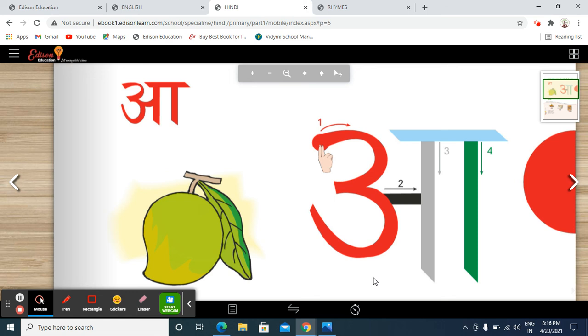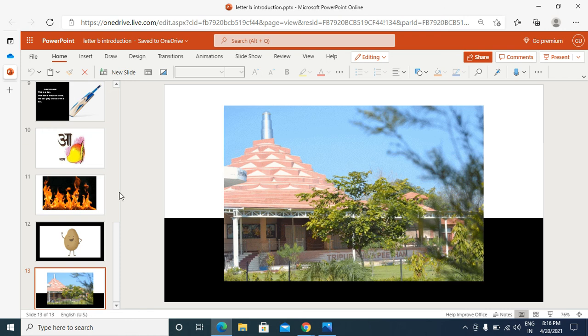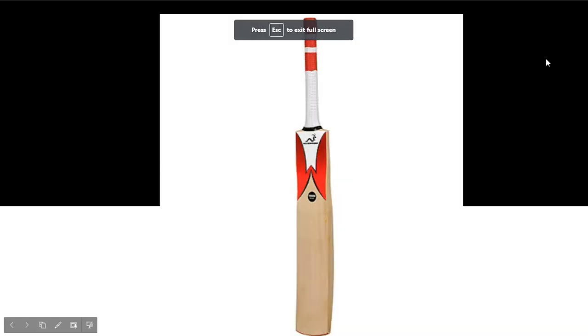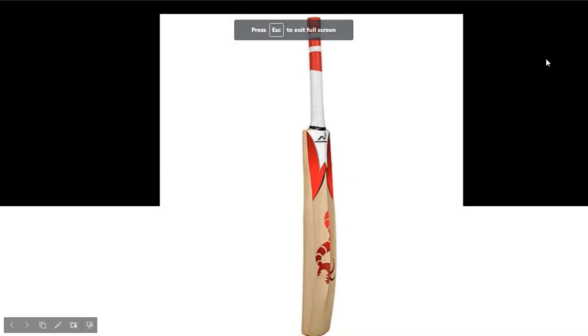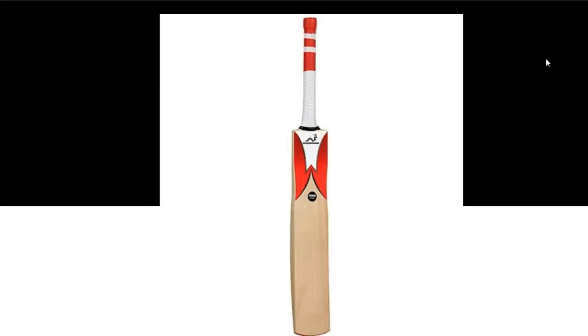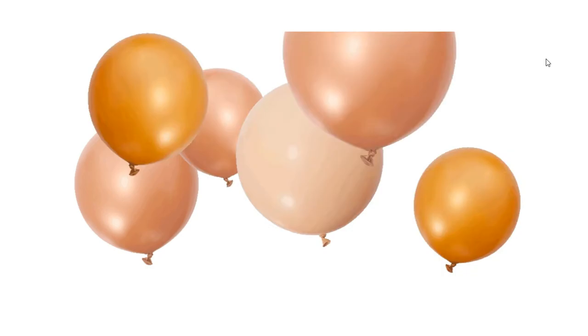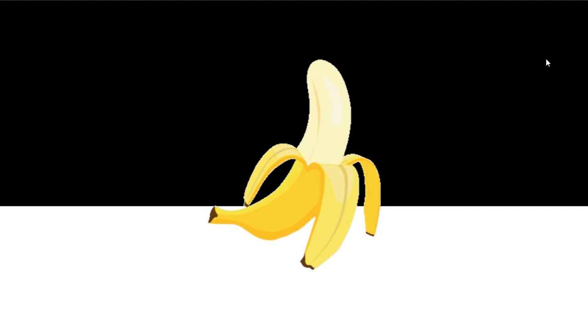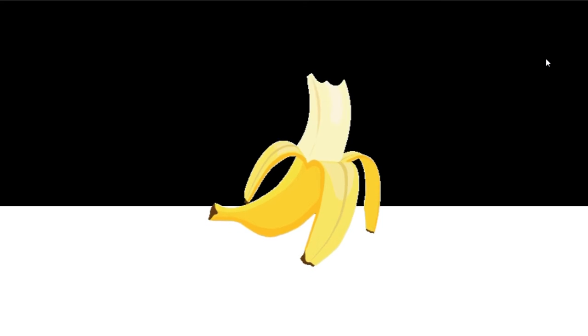In English, what we learned? Let us summarize the concepts we have learned today. Today we learned letter B and vocabulary related to letter B. Bieber bat, Bieber balloon, Bieber banana, Bieber ball.